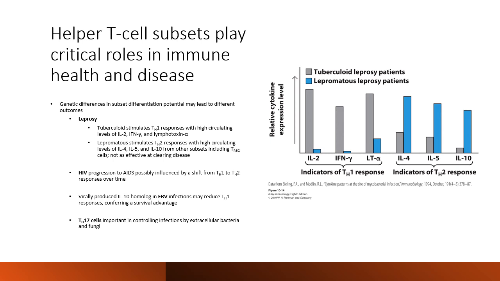So to control an intracellular infection, whether it's viral or bacterial, you really need a type 1 response, if at all possible. So you want high production of interleukin-2, interferon gamma, and LT alpha, and this enables the immune system to control and kill off those cells that have been infected with those mycobacteria.